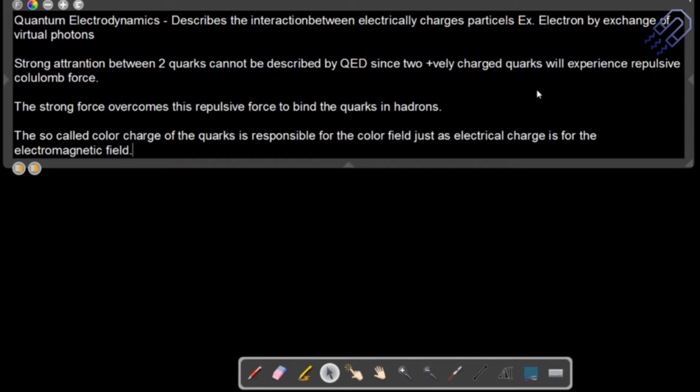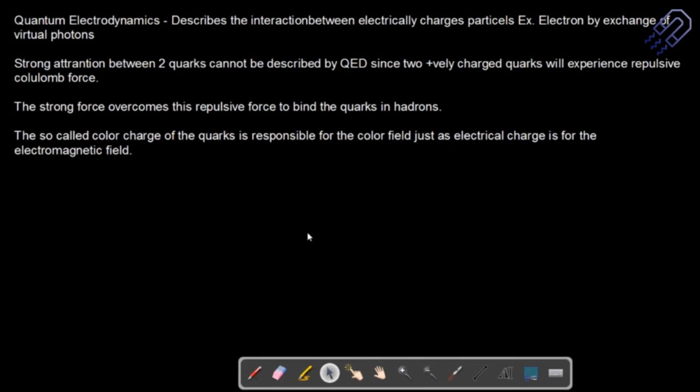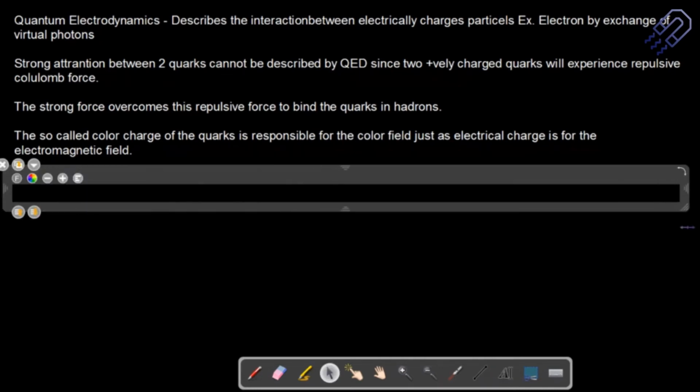This is what we call the rule of quantum chromodynamics. These strong interactions are responsible because we have something we call gluons.